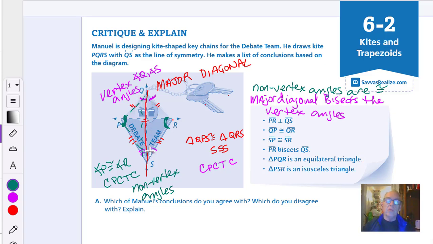Corresponding angles are congruent, which gives the vertex angles being bisected by the longer diagonal, which we call the major diagonal, and also by corresponding parts, these non-vertex angles, or like the shoulders of the kite, are going to be congruent to each other, also because of corresponding parts of congruent triangles. So let's look at the notes.